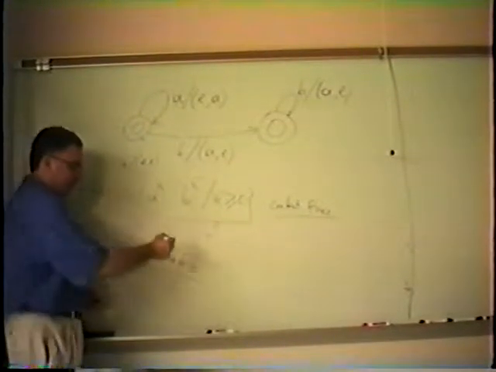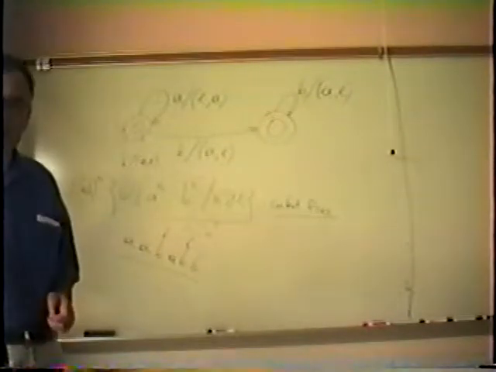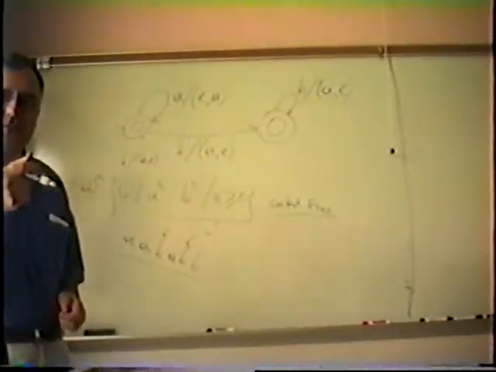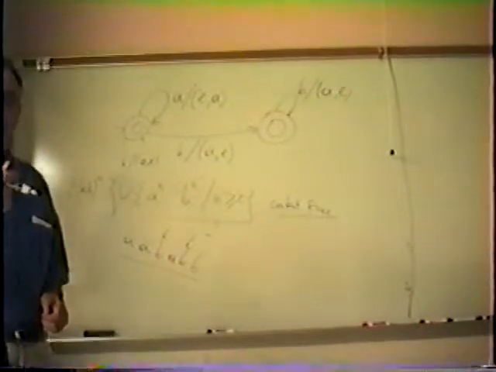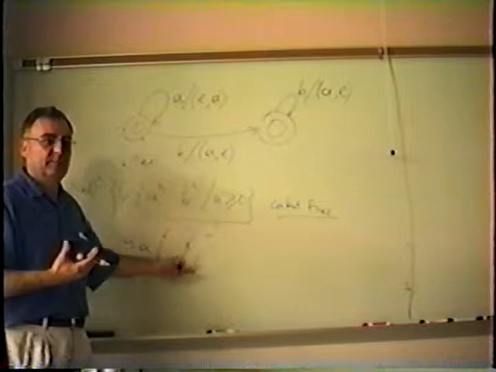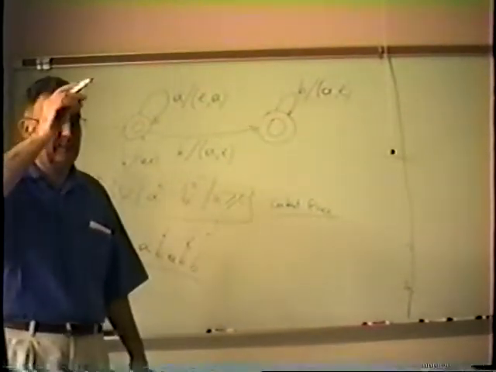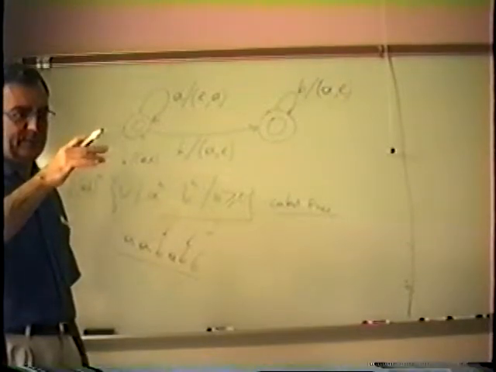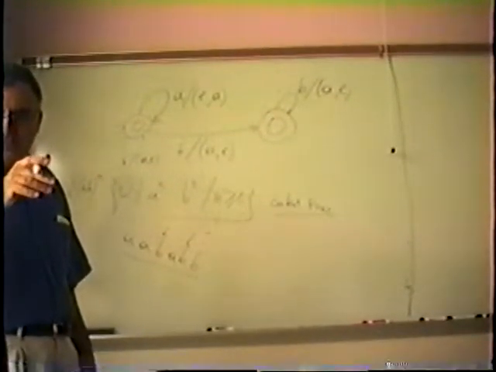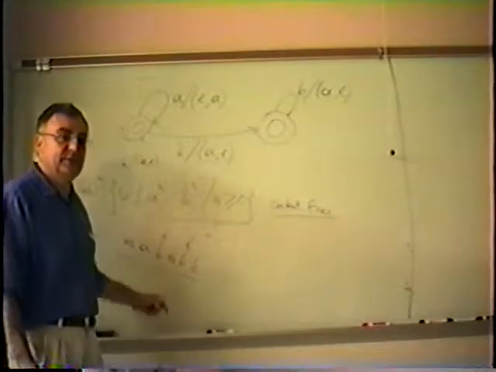If the position of B is less than the number of A's before it, you can always get the string accepted, because you will have something left on the stack. Before the third B, I have 3 A's. So if the position of B is less than or equal to the number of A's before it, the string is accepted.